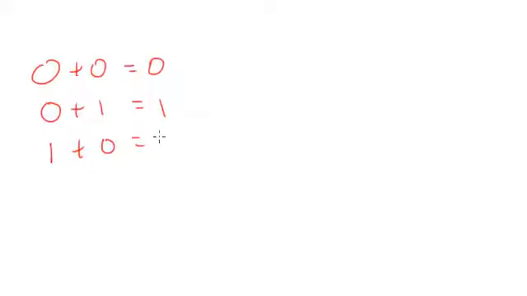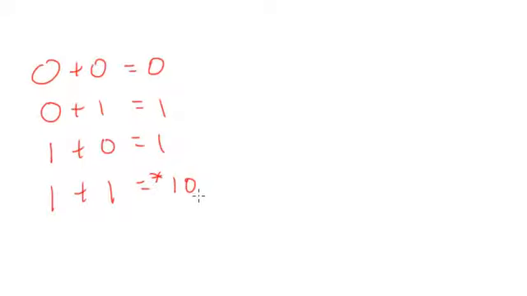addition. So in binary, we have 0 plus 0 is 0, and 0 plus 1 is 1, and 1 plus 0 is 1, and 1 plus 1 is 1, 0. Or what you can say is, there's a caveat here.